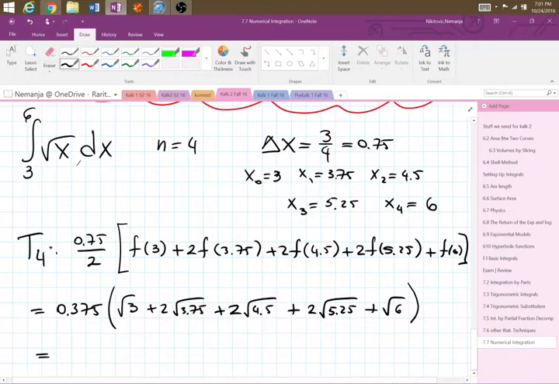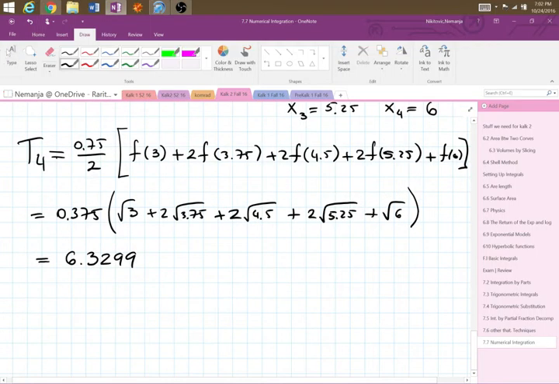Well, it's equal. What do we get? 6.32. Awesome. Right where we need it to be, right? Great. So trapezoid rule, good.